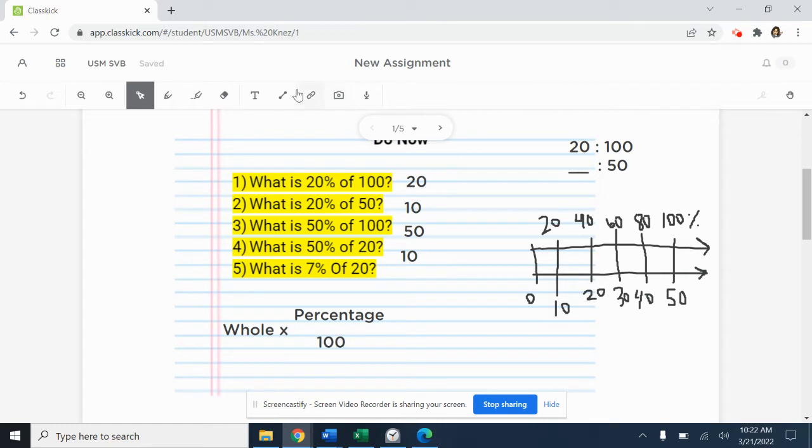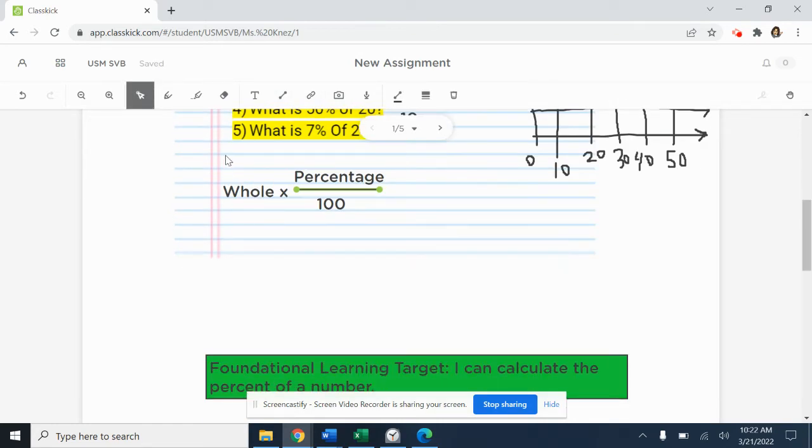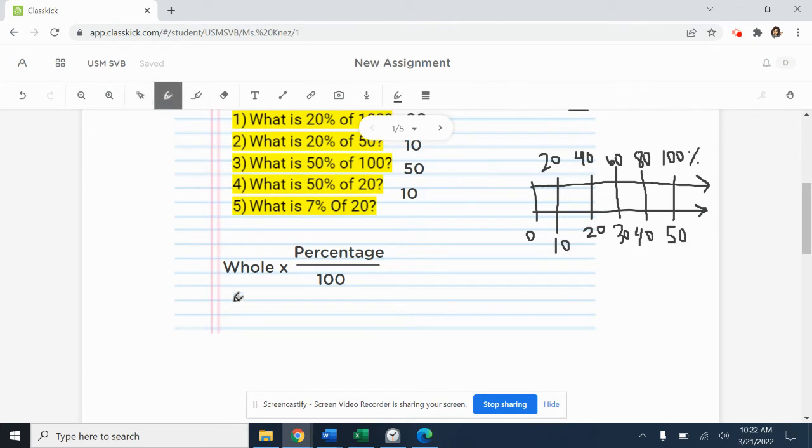So for example, if I was looking for 7% of 20, I could simply multiply 20, because that's my whole number, times 7 over 100, because 7 is my percent, and 7 over 100 is the same thing as 0.07. 20 times 7 over 100 equals 1.4. And so I know that that's my final answer.